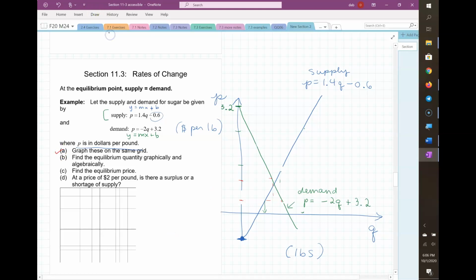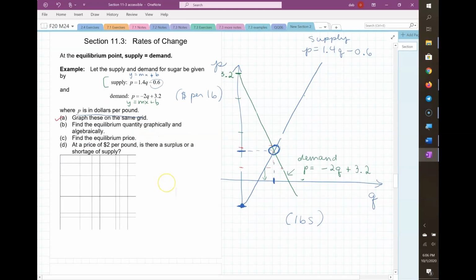Okay, so we've done A, graph these on the same grid. Then find the equilibrium quantity graphically and algebraically. So here's graphically, and if I'd made a really accurate graph, then I would be able to read off of my graph my equilibrium quantity and my equilibrium price. My graph is not very precise, so I'm going to do it algebraically, and then I'll go back and put that on the graph.